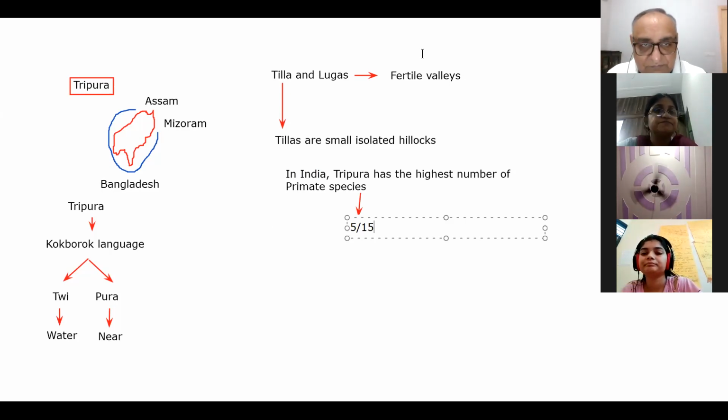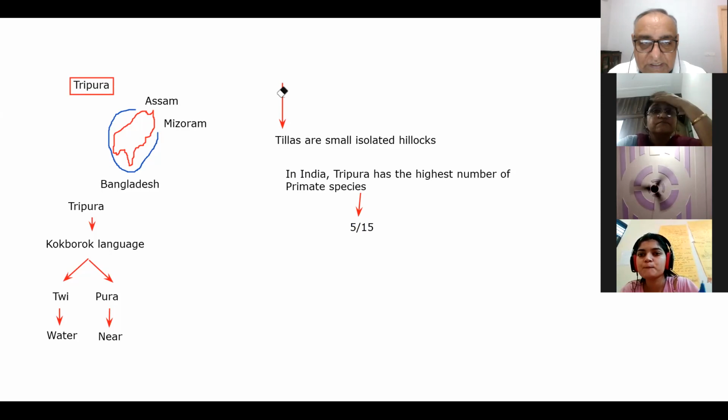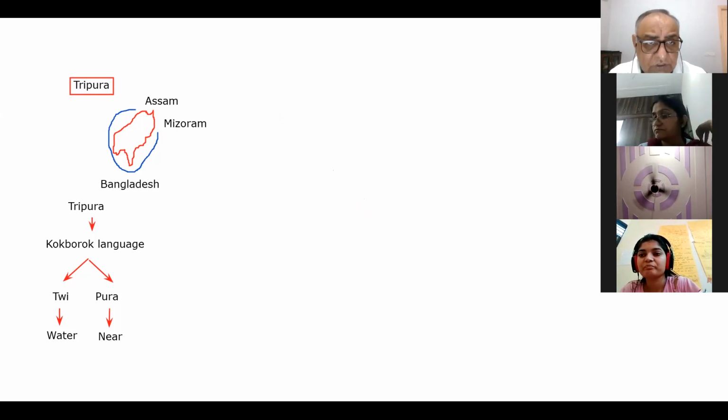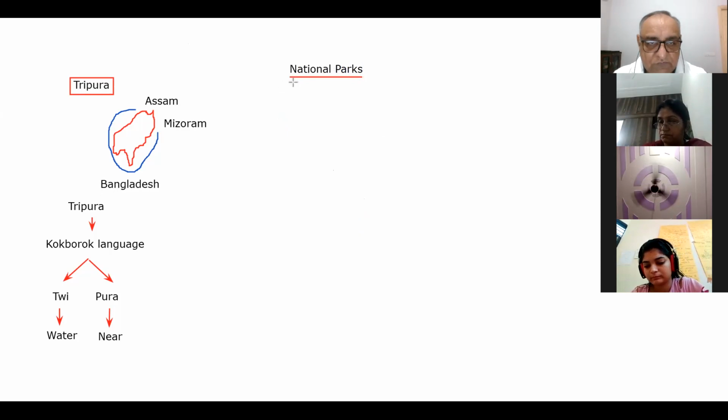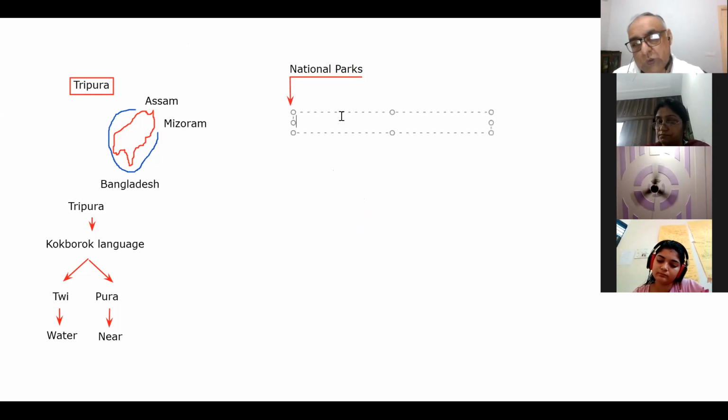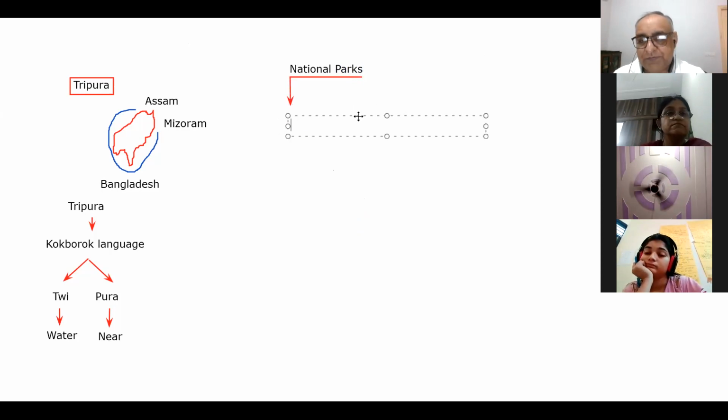Okay. So next we will come to the national parks. There are two important national parks in the state of Tripura.